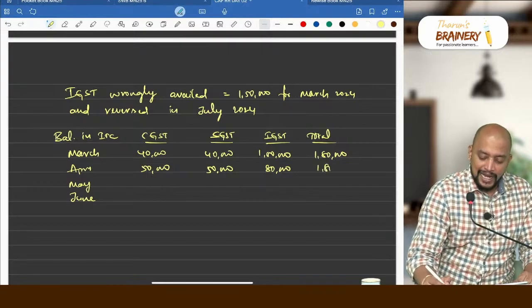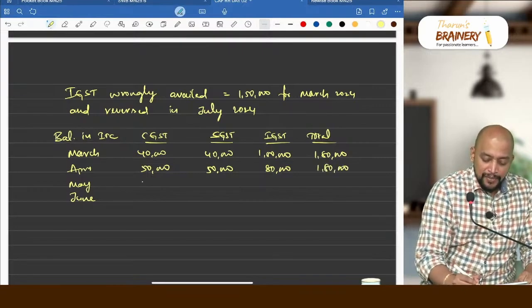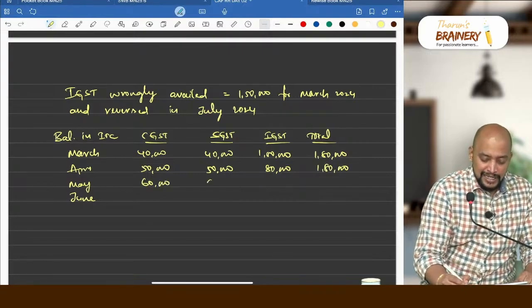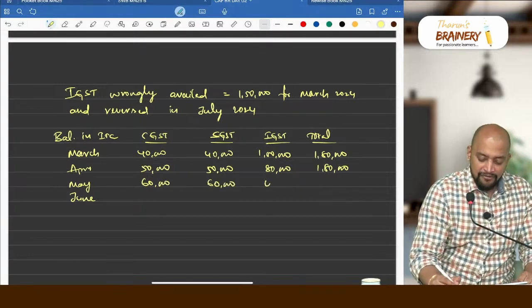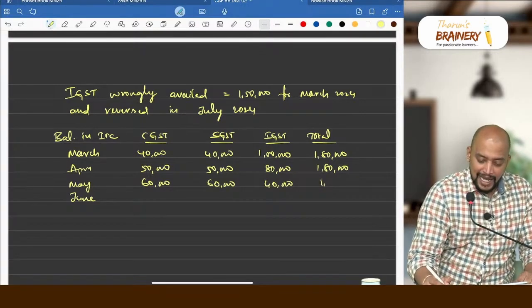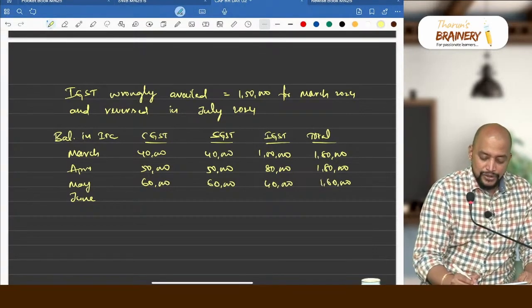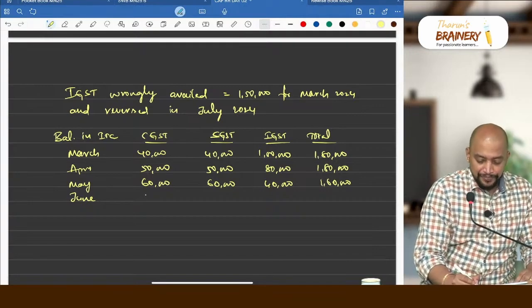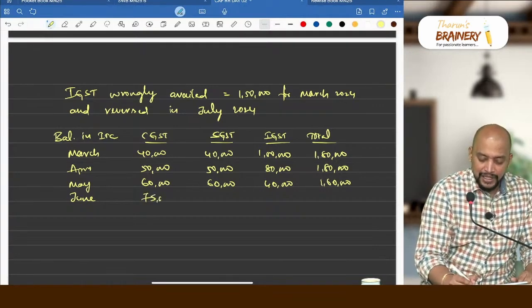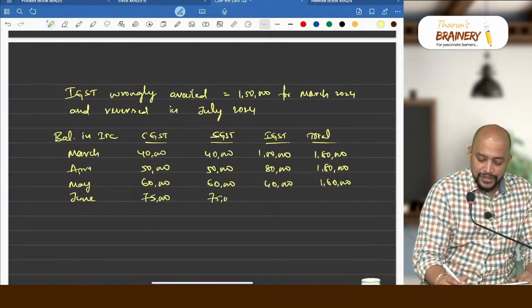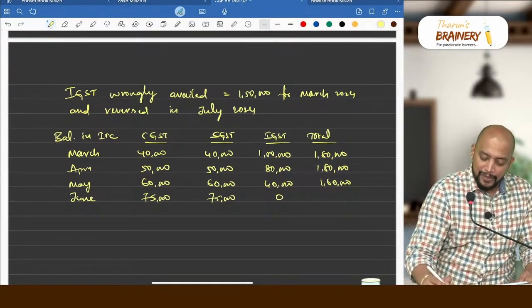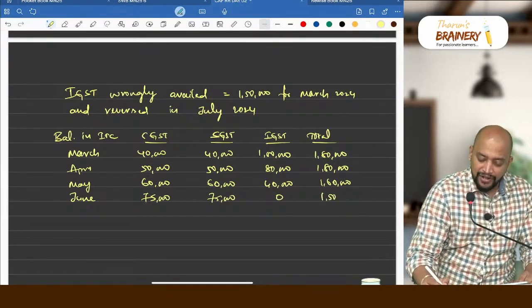So still 1,80,000 is maintained. May month 60,000, 60,000 and 40,000, so 1,60,000, and June month that is 75,000, 75,000 and 0, there is no balance, so 1,50,000.